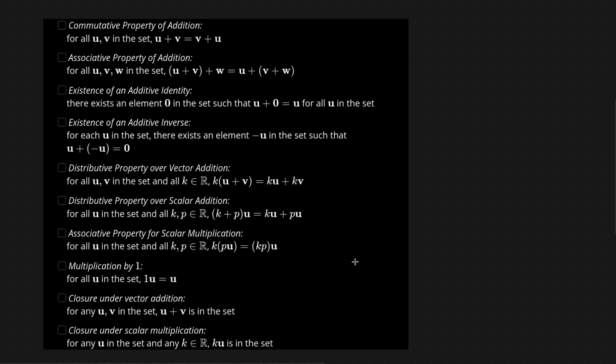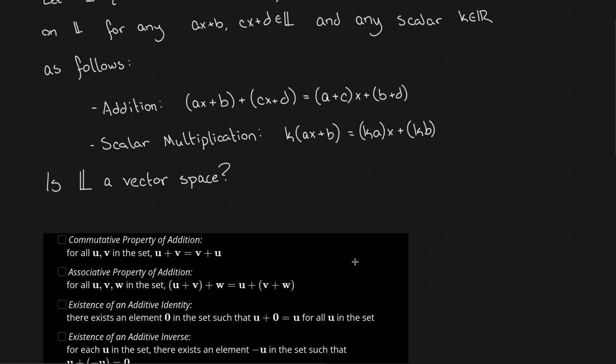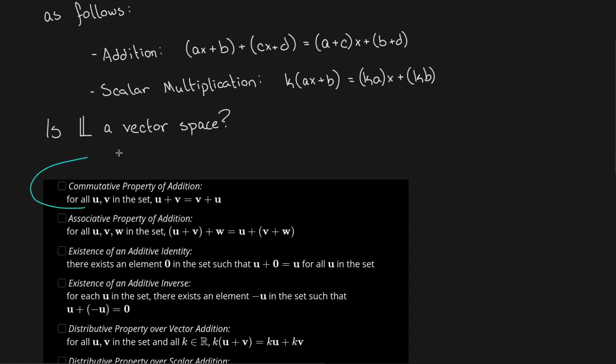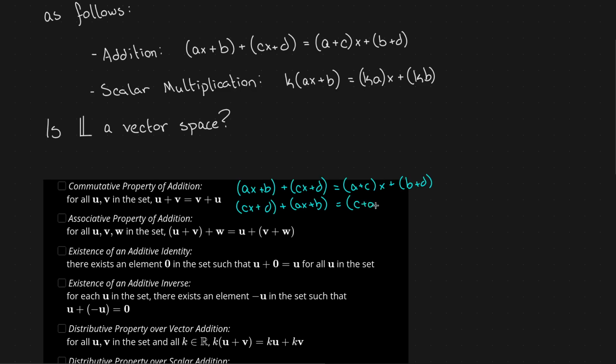Okay, so our question is, is L a vector space? Does it satisfy these properties? So let's go through them one by one. Commutative property of addition. Does it satisfy this property? If I take two vectors, two elements from L, ax plus b plus cx plus d, I know I get a plus c x plus b plus d. If I swap the order, cx plus d plus ax plus b, do I get the same thing? Well, I would get c plus a x plus d plus b.